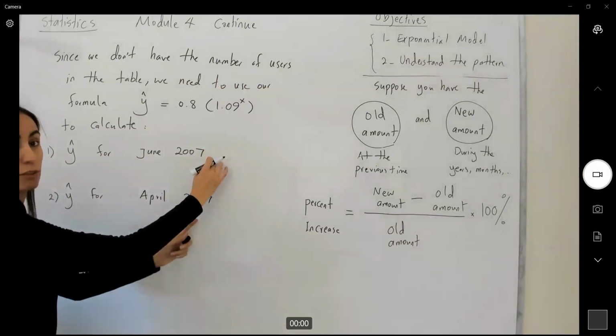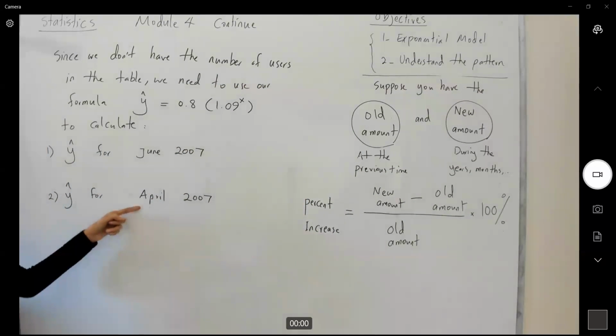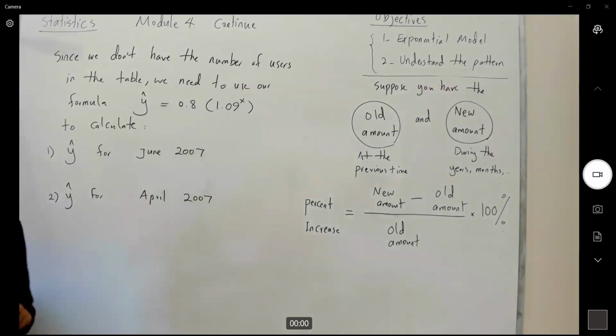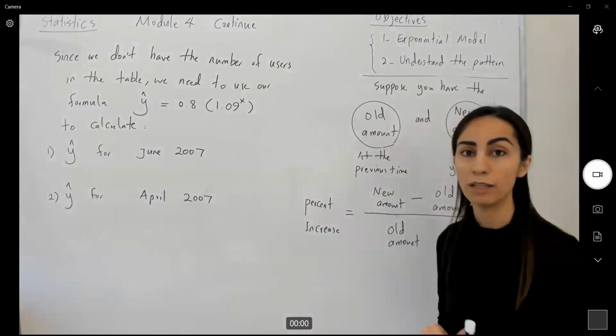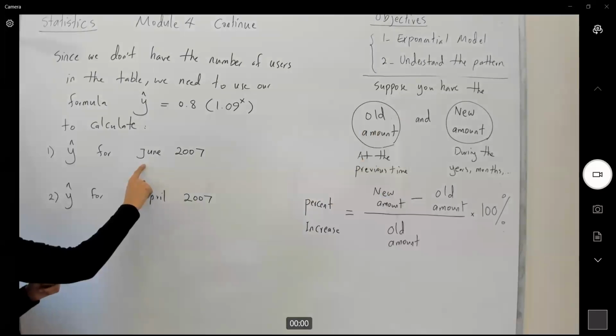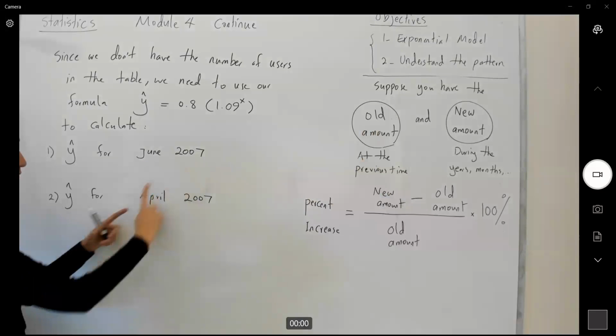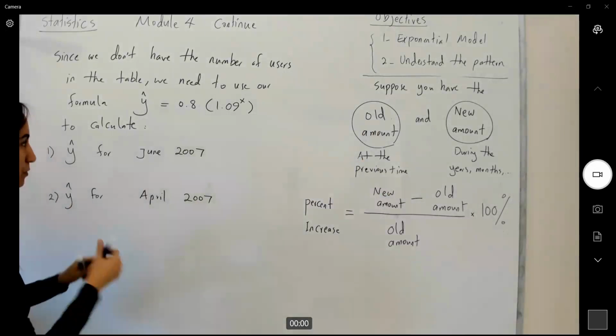We need these two pieces of information to find a percent increase between April and June. So you need to calculate the number of months between February 2004 and June 2007, February 2004 and April 2007.